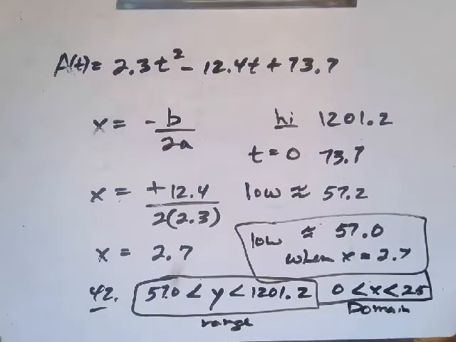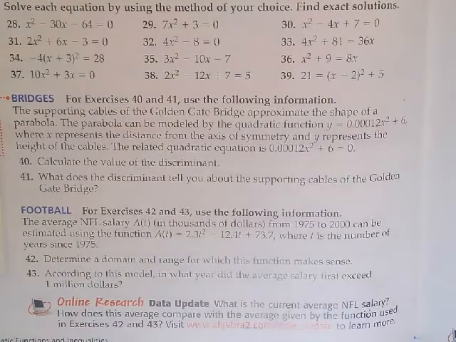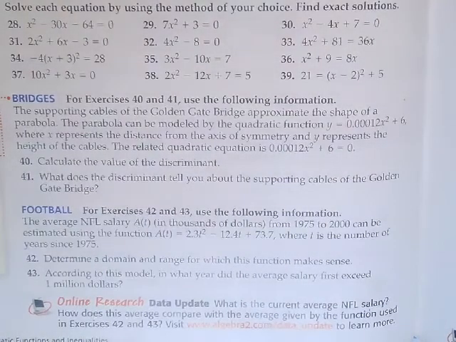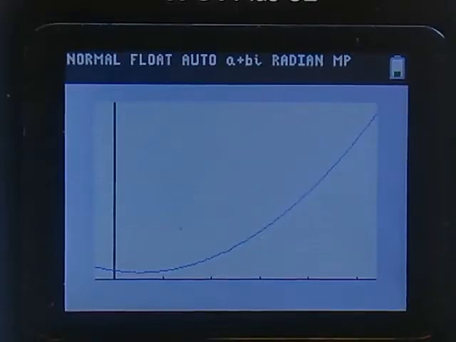Let's take a look at number 43. All right, problem 43 says, according to this model, in what year did the average salary first exceed $1 million? Well, we're going to go back, and we can just use the calculator for that again. I want to look at the graph, and then also we'll just take a look at the calculator and see where $1 million is. Okay. All right.